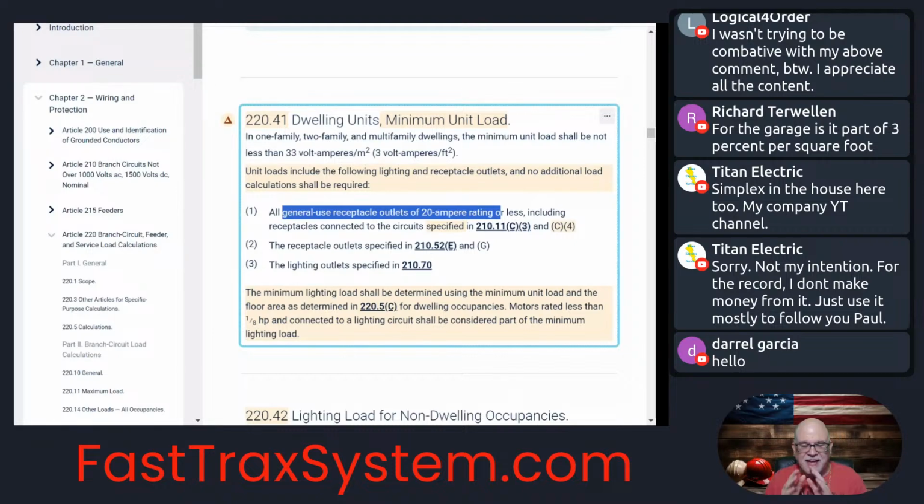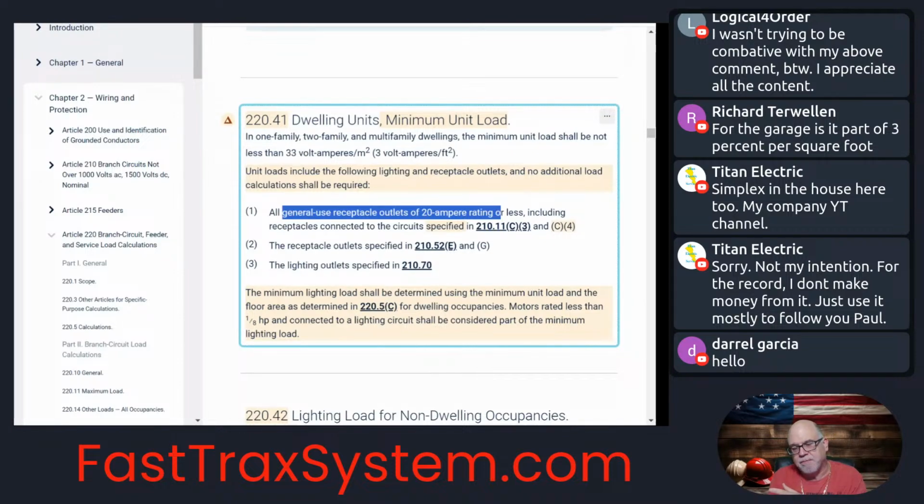Okay, so that's not the same as the required at least one 20 amp branch circuit to the bathroom. We're talking about a load calc here. And so we don't have to account for any additional VA for that garage or for that bathroom. But this also brings me to a question people ask about an unfinished basement, and that is one of our questions on our Fast Tracks program.